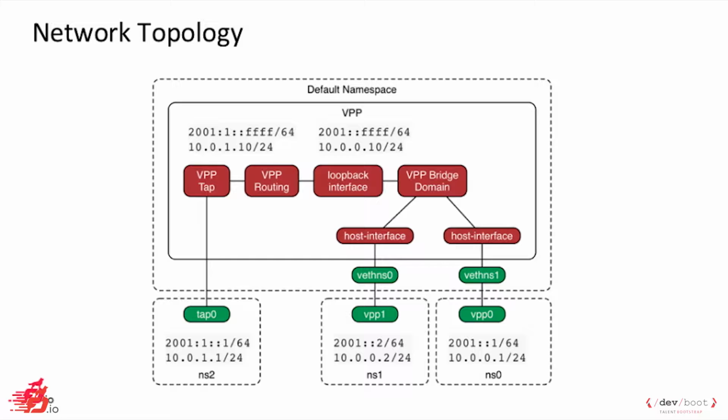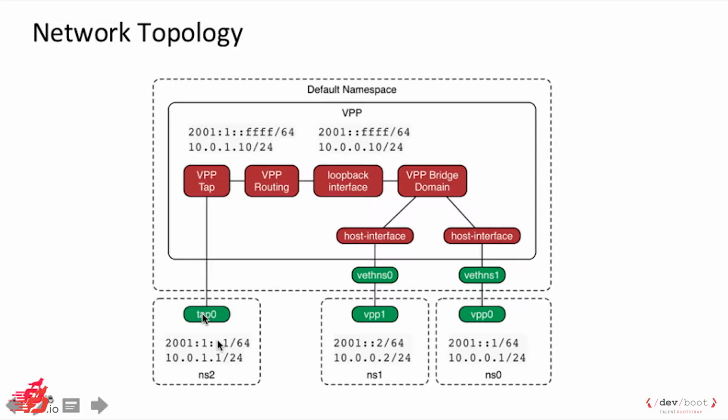So in our setup, a point about namespaces. I think everybody knows what a namespace is and what a network namespace is. In this setup, we are going to use 4 different namespaces. There will be the main one, the default namespace, where VPP is going to run. There will be then NS0, NS1, and NS2. And so when we want to have a tap interface within a namespace, we just tell VPP to create the tap interface.